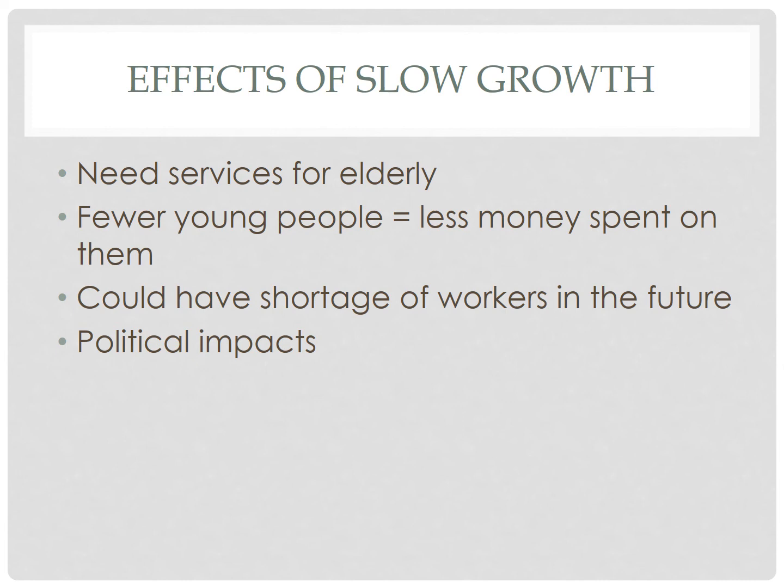We already mentioned that migrants in fast-growing countries often will leave and go to a country that isn't growing as quickly, where there will be work. Typically they go there because there are jobs available, and the wages tend to be higher than they would find back in their home country. There are also political impacts of a slower growing population, because you might see a change in the voting patterns, a change in the representation of a population if they have a large elderly population.